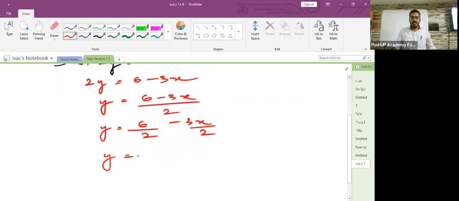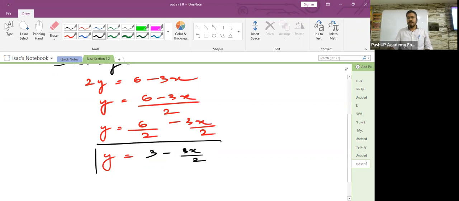You can write this as y is equal to, Akhil, can you tell me how will it look like? Sir, 3 minus 3x by 2. All right. So this is your equation.